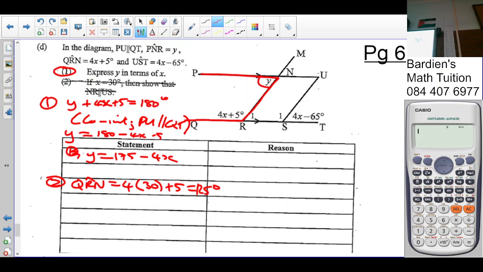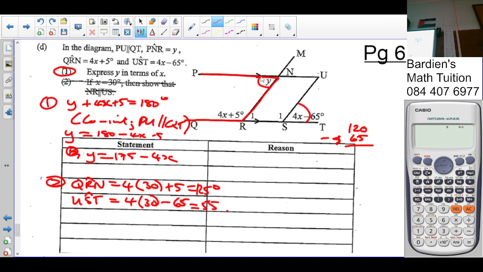Then, if we're looking at the size of this angle, which is UST, it will be equal to 4 times 30, which is 120, minus 65. So 120 minus 65 is 55.